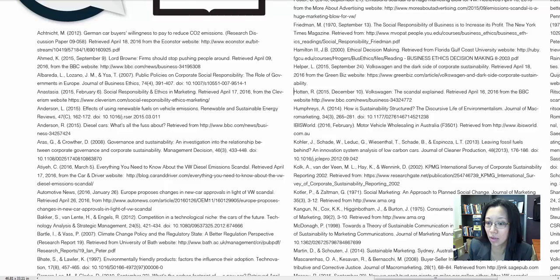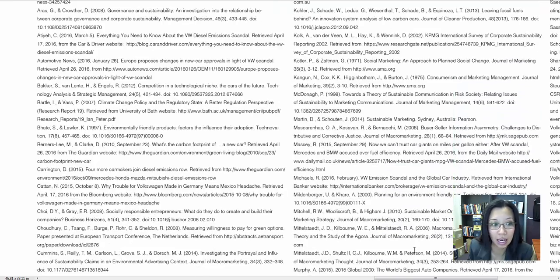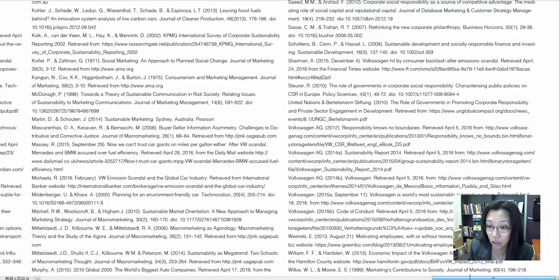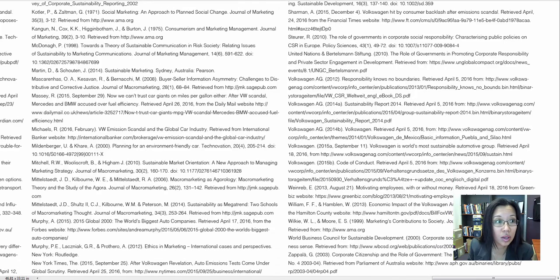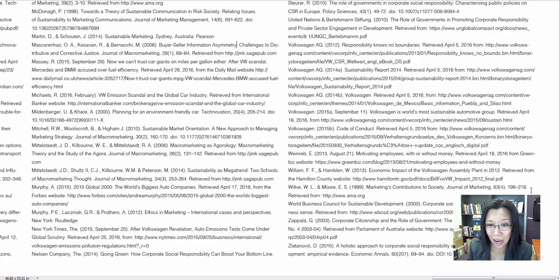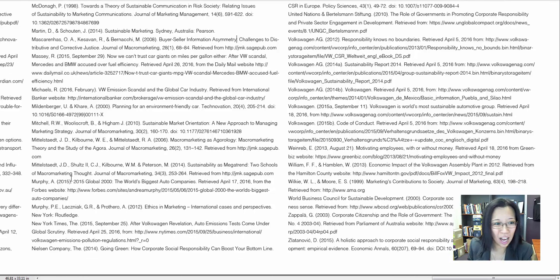But here, if you look through this reference list, they have done a lot of work, that's for sure. But also the variety of sources is interesting because there's a variety of things like journal articles, such as this one. They've drawn on some of the assigned readings, and of course you're more than encouraged to do that.